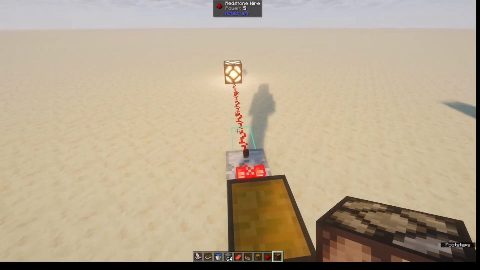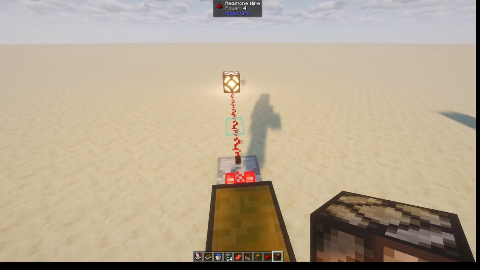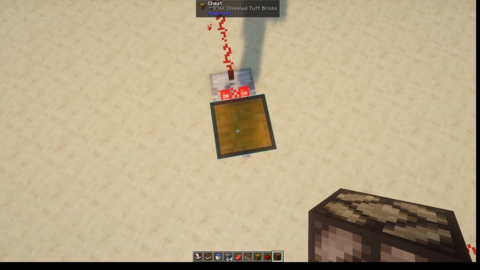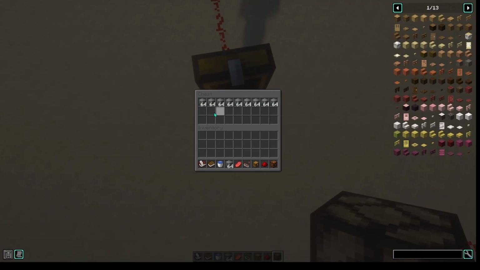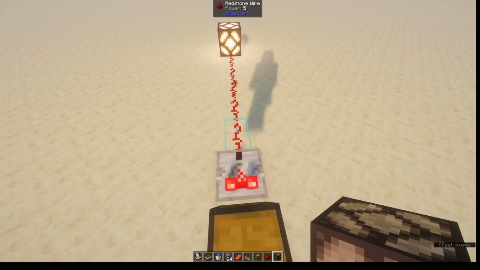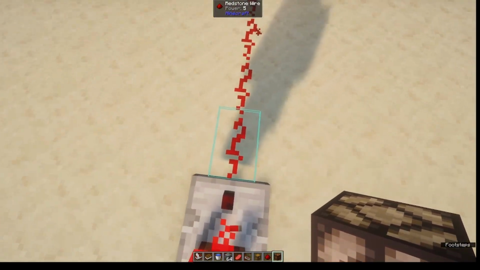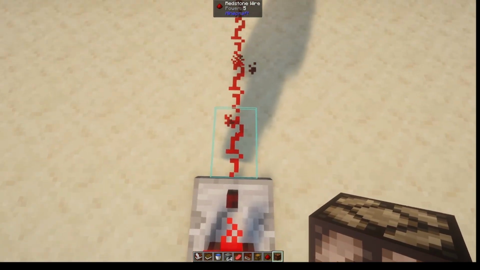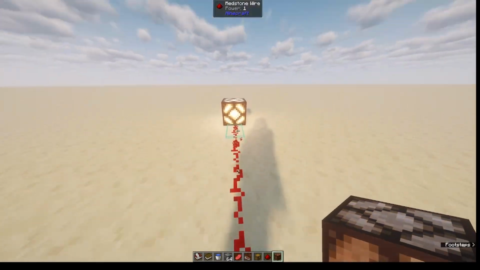The way that you calculate the power output of these containers is you find the decimal percentage of how much is filled, which is 0.33, and then we multiply by 15. That value gives us 5, which shows on this redstone line here, giving us a power output of 5.